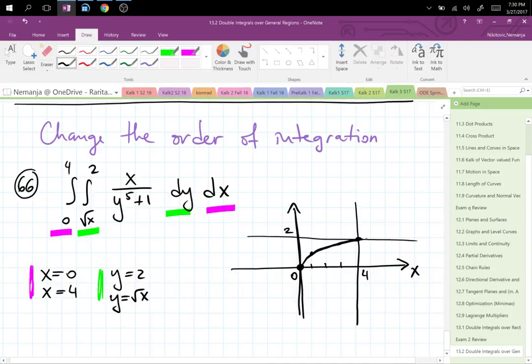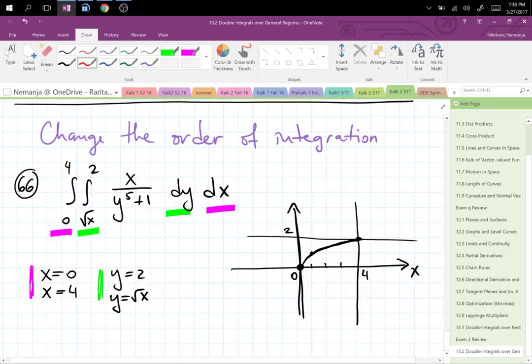All right, now I have clearly two regions to pick from, this one or that one. It's one or the other, and it's clear which one it is. So it's not a chance. I have to find a region that is bounded by these values. I have to go from 0 to 4 on x.